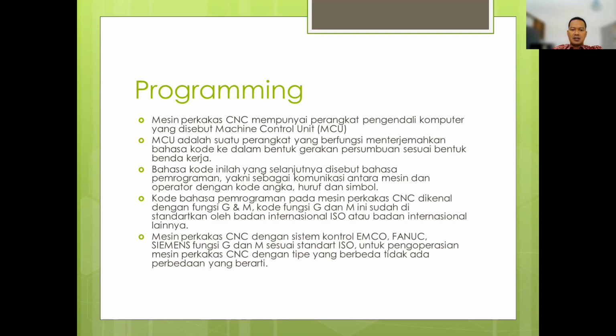This is the ISO standard, or International Standard Organization. And there are several control systems in the CNC, for example, EMCO, FANUC, Siemens, etc. All of the controls use G and M code as well.